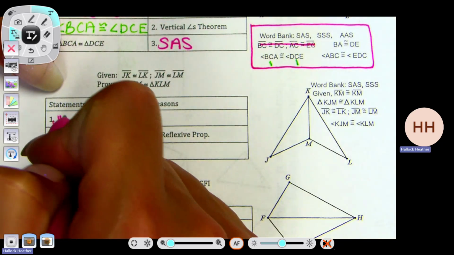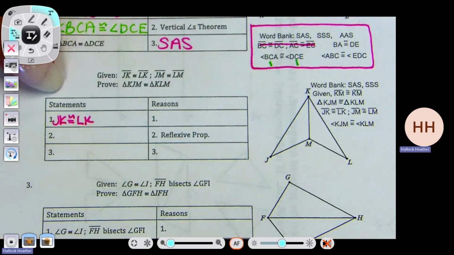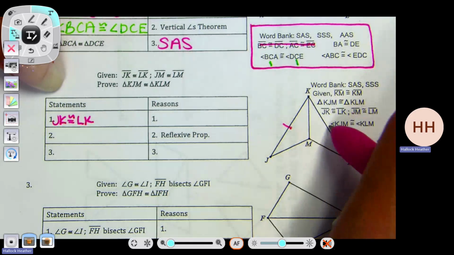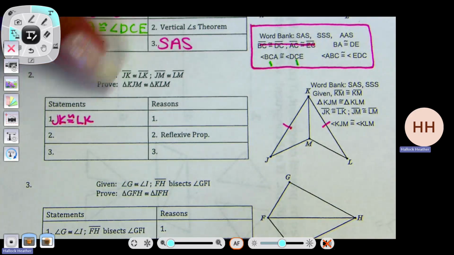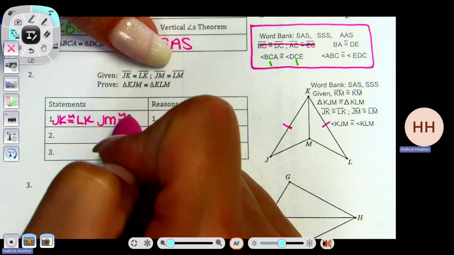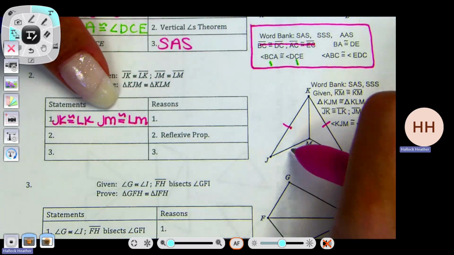Given. So you should say JK is congruent to LK. Because it's a congruency statement, you mark it. JK matches LK. Yeah, mark it. That's the whole point. Also, I have JM matches LM. I mark it. So JM is down here.